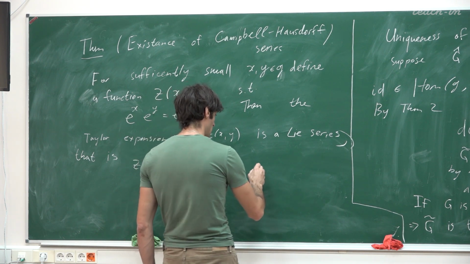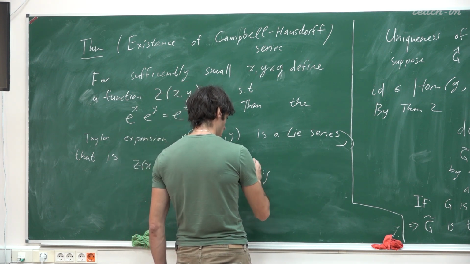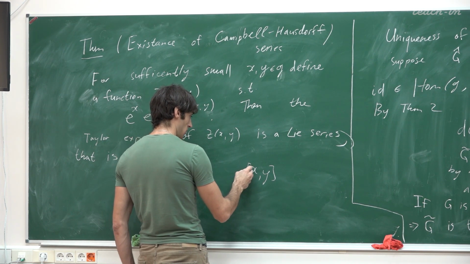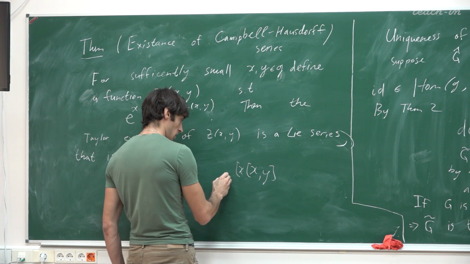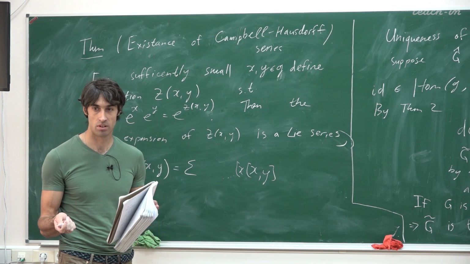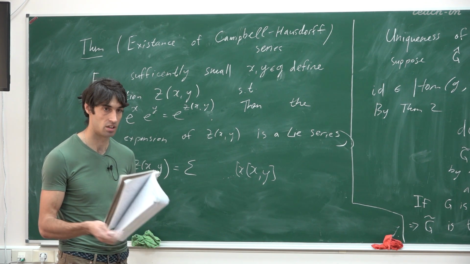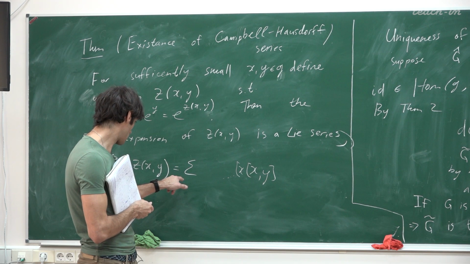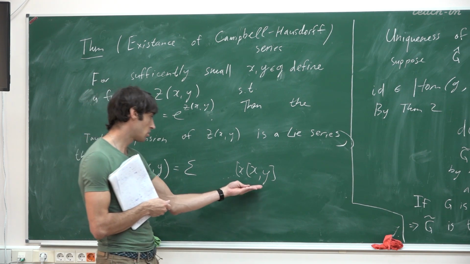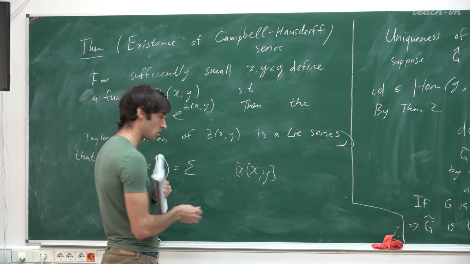I take the bracket of x, y, and then apply some number of commutators. So it all consists of commutators. That's what it means to be a Lie series. It is a sum, maybe an infinite sum, of terms that consist of commutators of this sort.